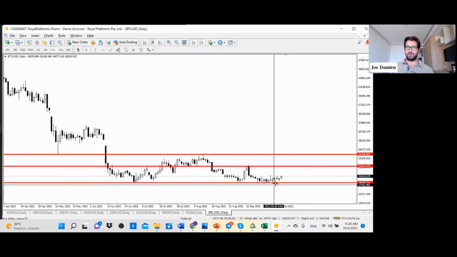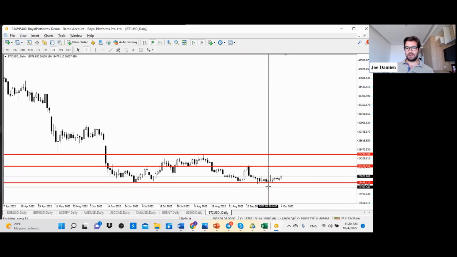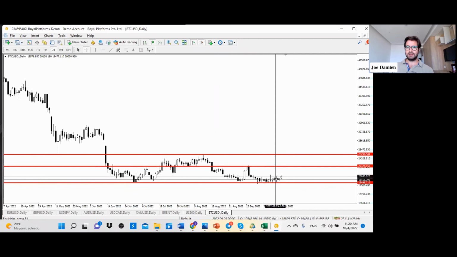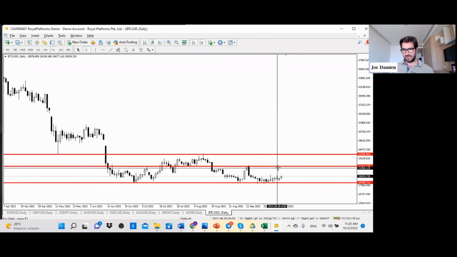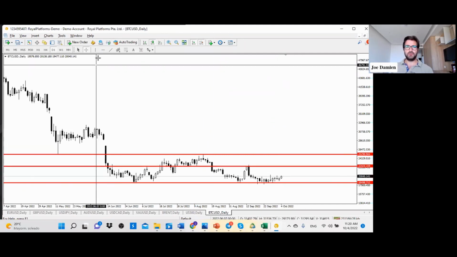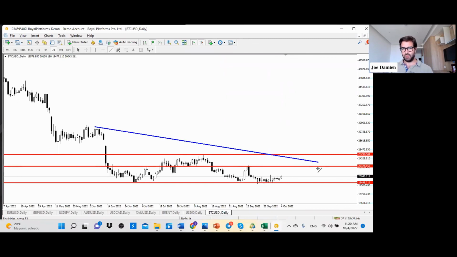Okay, we have lower highs. The market failed to break it to the downside, so the market could retrace to this area here. Okay, but that doesn't mean we should buy. I prefer to go with the flow, as I always say, trading with the trend. So first thing I would like to see is a breach of this level.